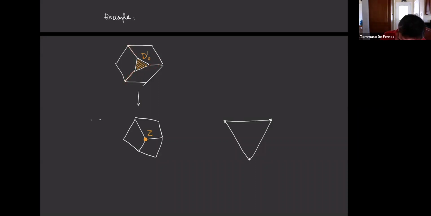So I still have these three divisors here, and they still intersect like that. But now I need to be careful because they don't have a common face. There is no face because there is no common point of intersection of those three divisors anymore. Instead, there is the divisor D0 prime, which corresponds to a new vertex in the middle. And now everything intersects D prime 0. So there are segments like this.